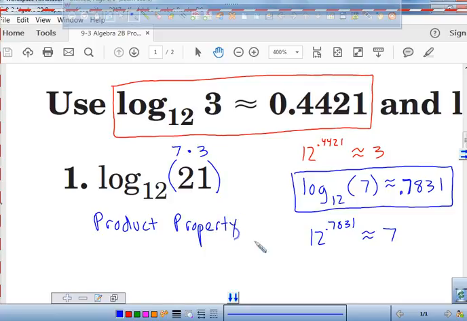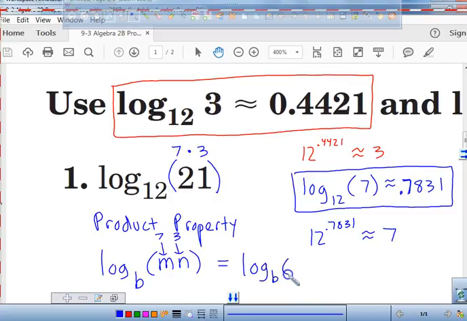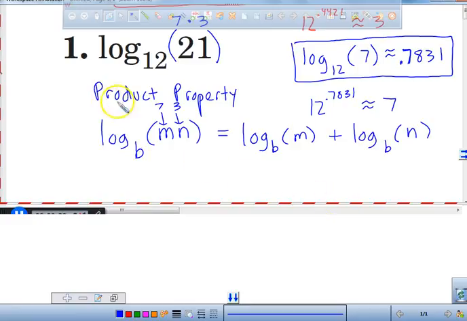The product property states that if you have a logarithm, base b, of m times n, so of two numbers, let's say, for example, one of the numbers was 7 and the other number was 3, that would equal the logarithm base b of m, plus log base b of n. This is called the product property.